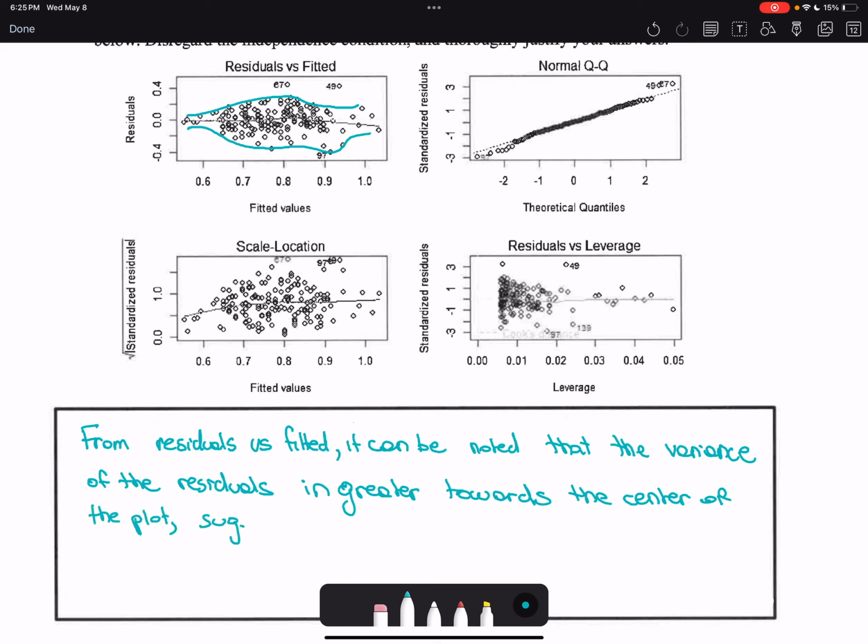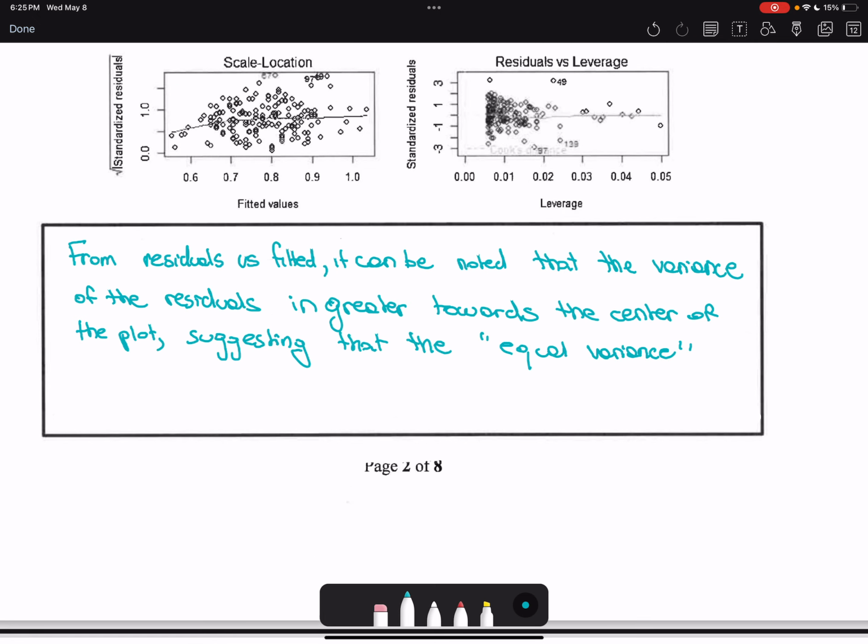comma, suggesting that the equal variance assumption used in the model may not be appropriate.